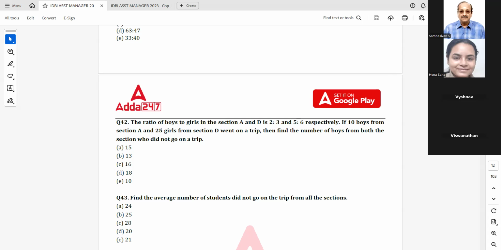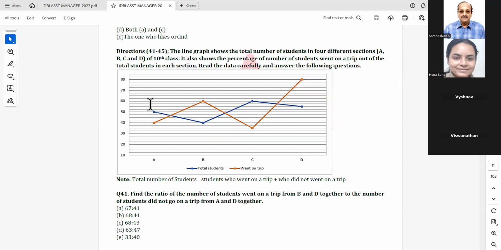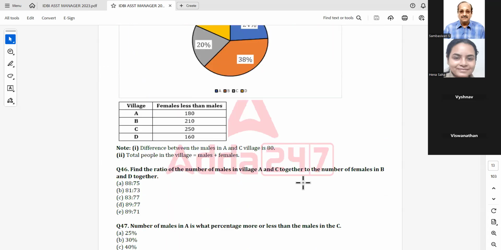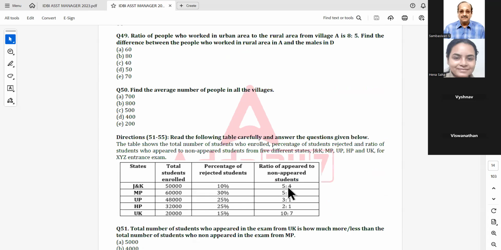Sir, then the answer 15 will be. Yeah, it's only 10 then, correct. If it is given 25 boys, the answer will be different. Otherwise, number of boys who did not go on a trip means 25 boys and 35 boys. Here you will get 35 boys, but the answer they have given, let us see what is the answer they are giving for this question.